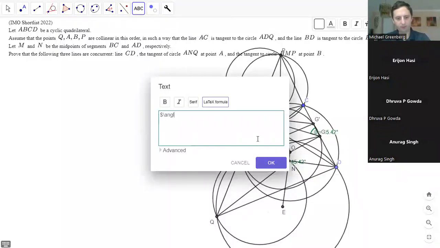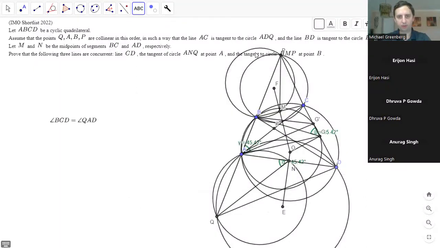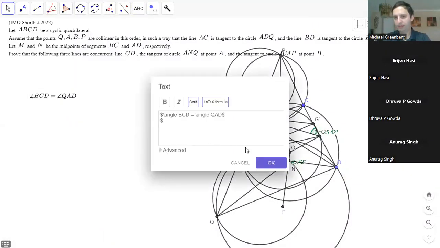So we have angle BCD is angle QAD, and then we have CBD is CAD is AQD.